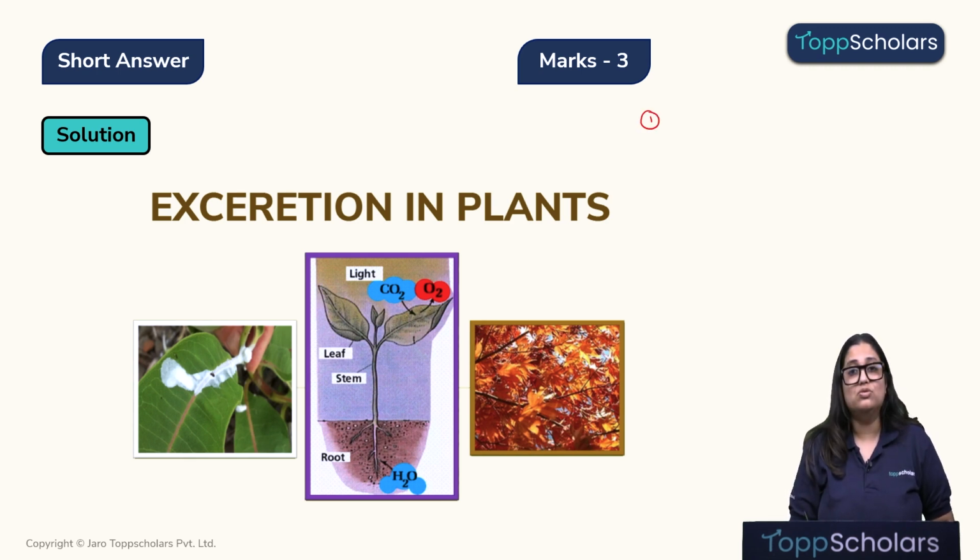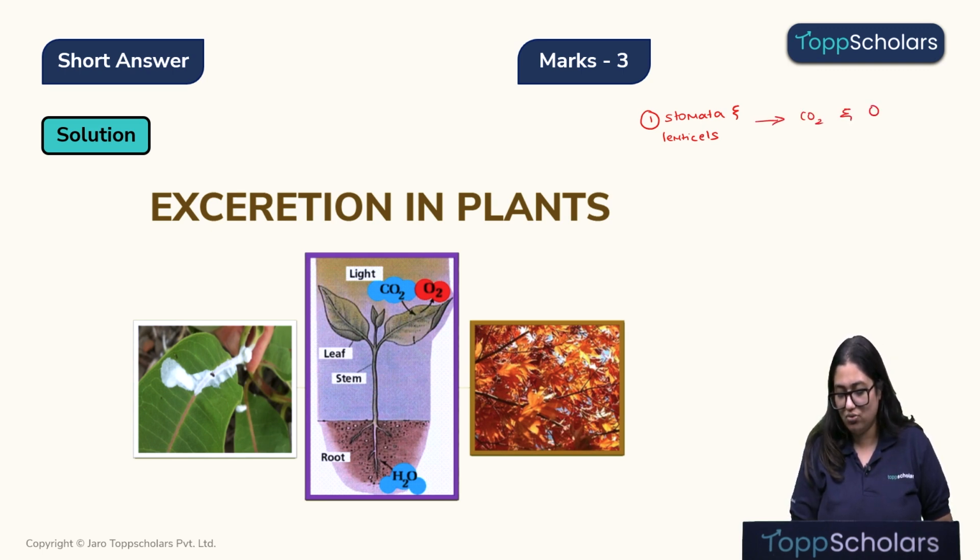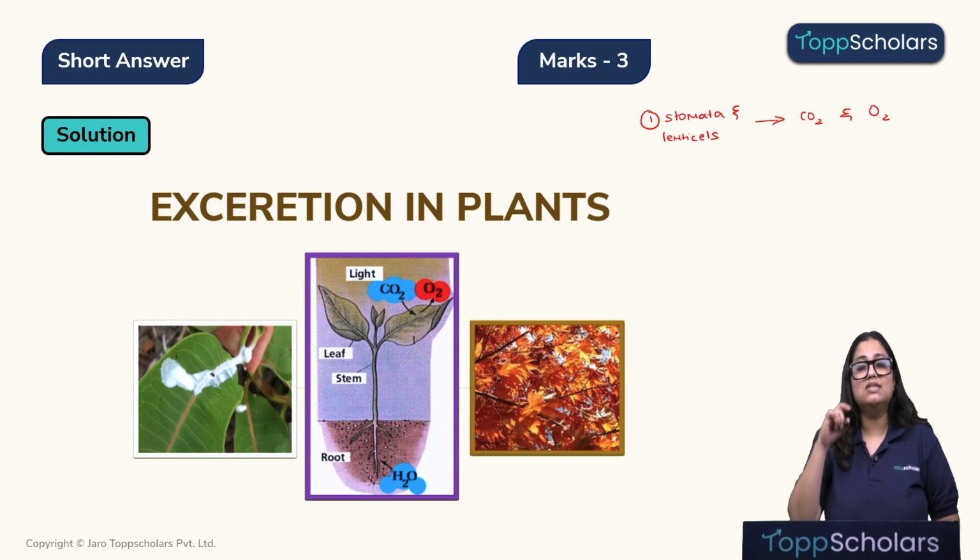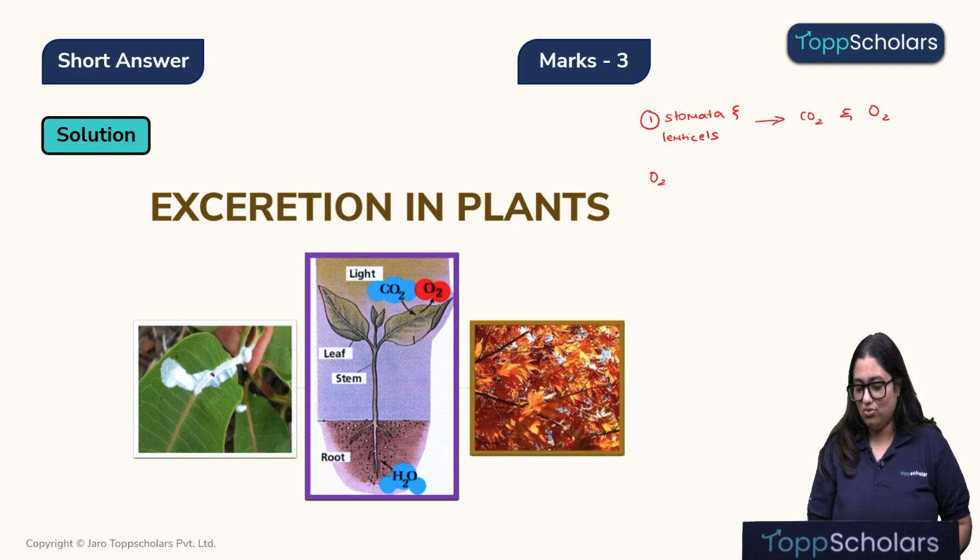The first and foremost, they excrete all the gaseous waste through the openings present in the leaves, which are the stomata, and lenticels, which are the openings present in the woody stem of the plant. So through the stomata and lenticels, they will excrete out CO2 and O2. O2 is a waste product, children. I hope you all know O2 is a waste product for plants produced during photosynthesis.